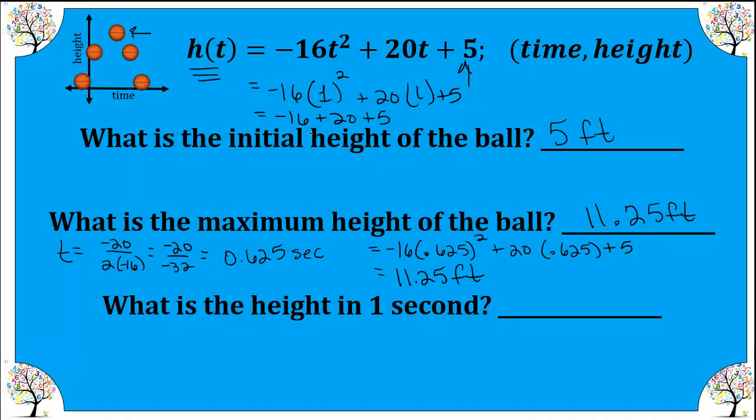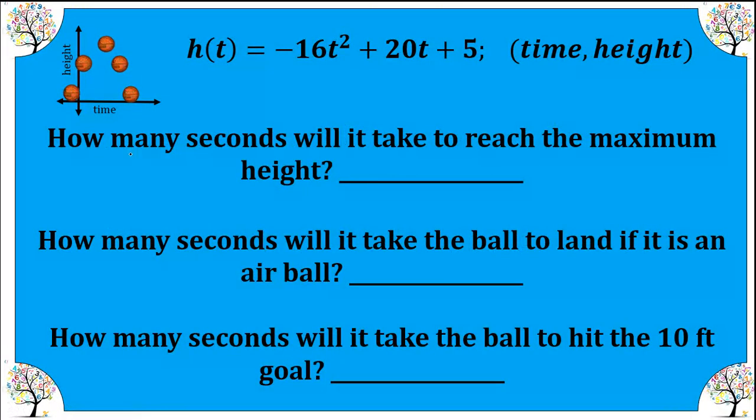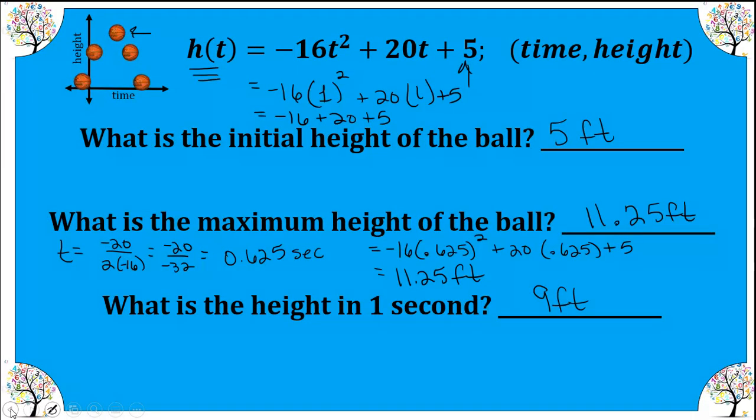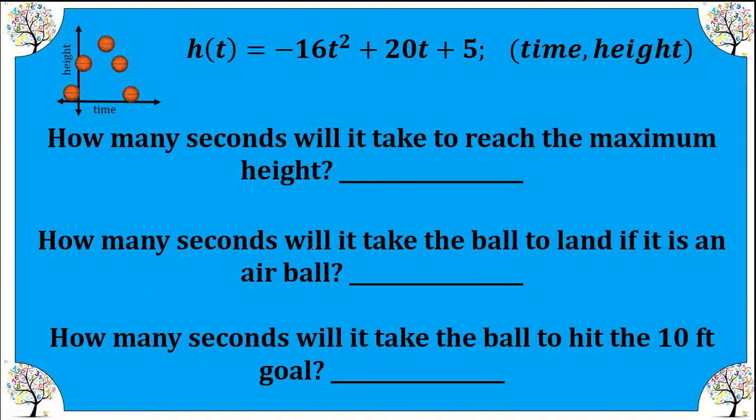So that's going to be 9. So 9 feet in 1 second. How many seconds will it take to reach the maximum height? Well, guess what, guys? We just answered that here when we were finding the maximum height. So it took 0.625 seconds. So we don't have to recalculate that.